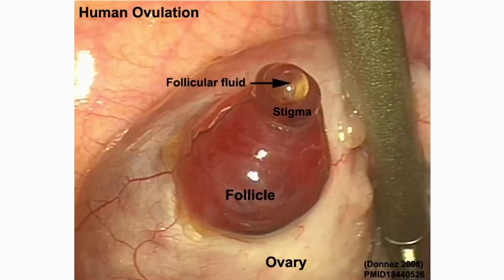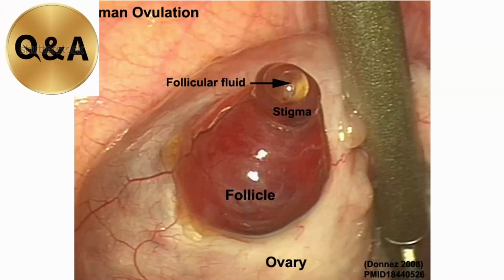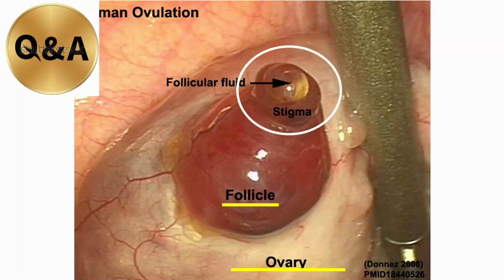This is a good practice for you to comment on, and I will help you during this process. Which structure is the whitish large structure in the image, and what is this bulging reddish coming out of the surface of the ovary, and here is what is going to be expelled out.